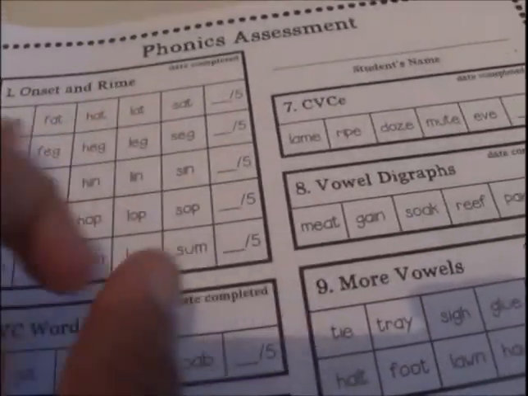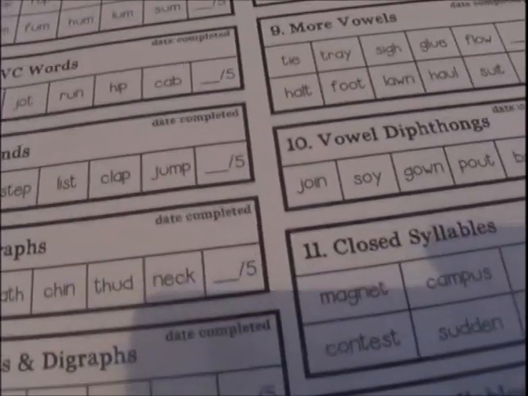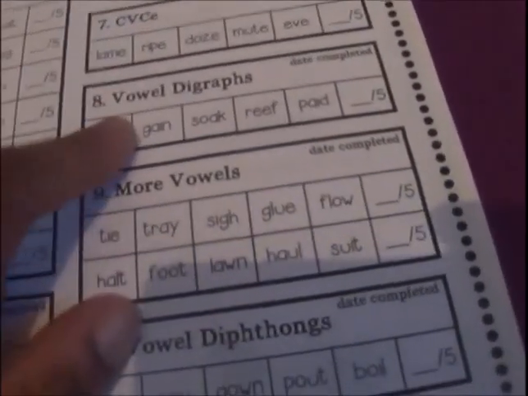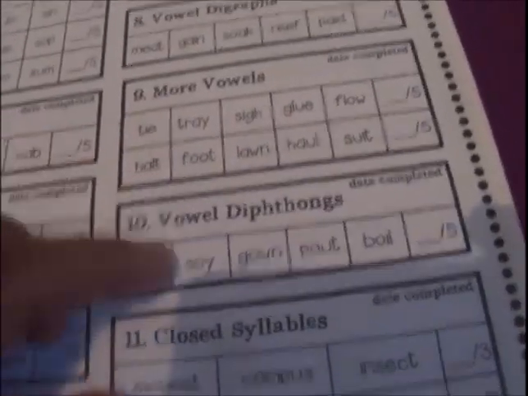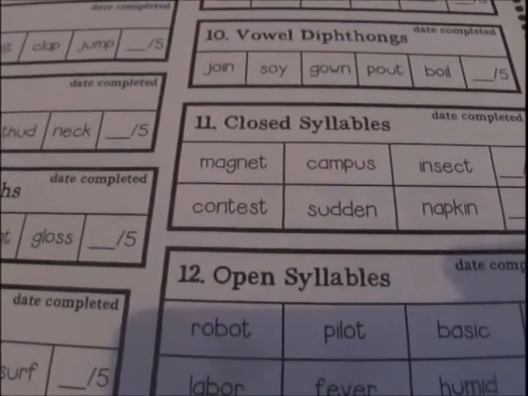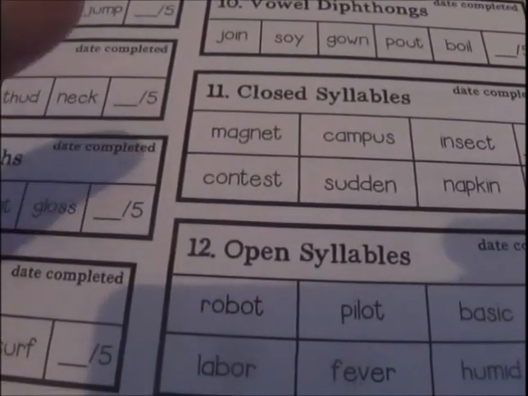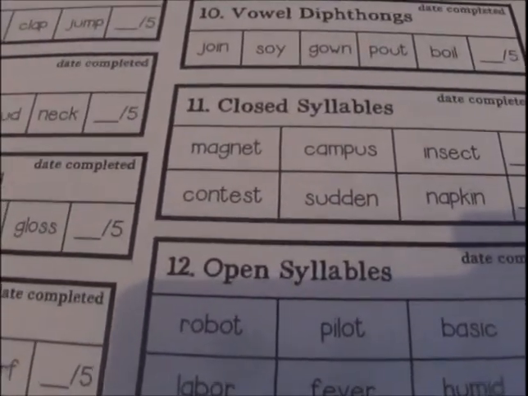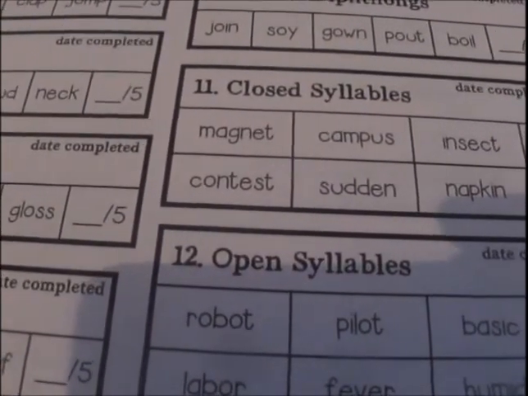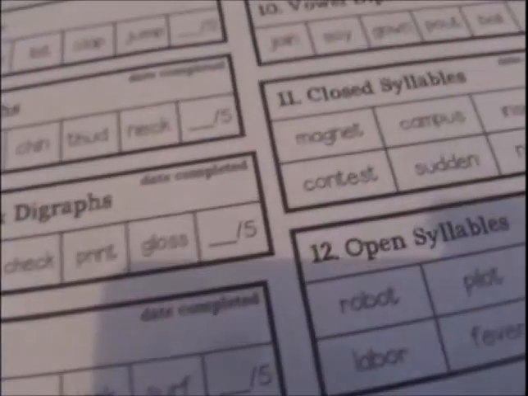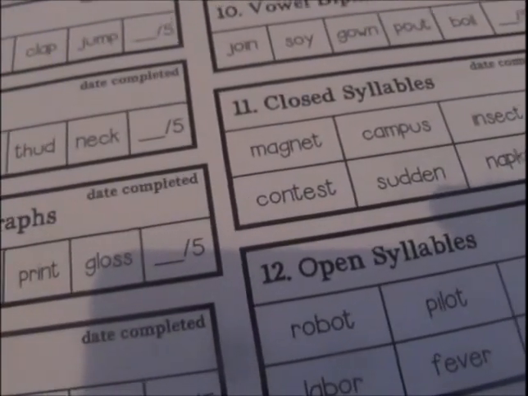And it tests on their onset and rhyme, CVC words, blends, digraphs, the bossy R, the CVCE, vowel digraphs, diphthongs, closed syllables, open syllables. Some children, this may be end of kindergarten, first grade, end of first grade. So I'm just putting it out there. I'm not saying that this is what they should be able to do. It is a guideline. This one is by This Reading Mama. This is an excellent phonics assessment, in my opinion.